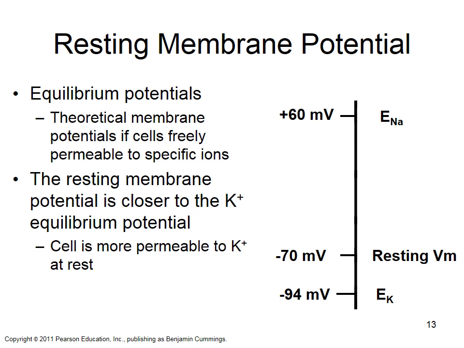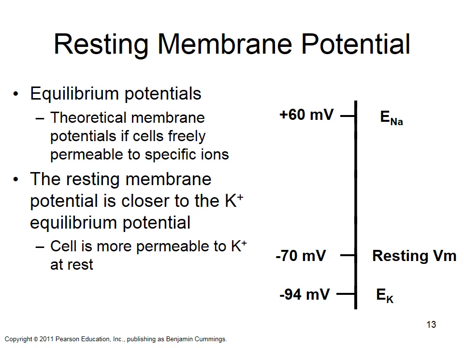So let's think first about the equilibrium potential for potassium. The cell is already quite permeable to potassium. And as potassium leaves, you get fewer and fewer cations inside the cell, making the interior of the cell more negative. So if the cell becomes even more permeable to potassium and even more potassium leaves, the cell would become even more negative. So the equilibrium potential for potassium is even more negative than at rest.